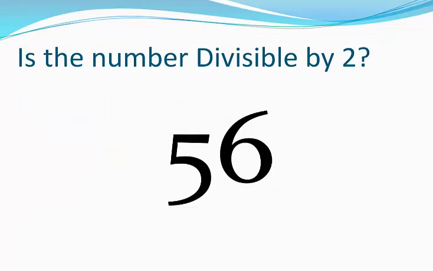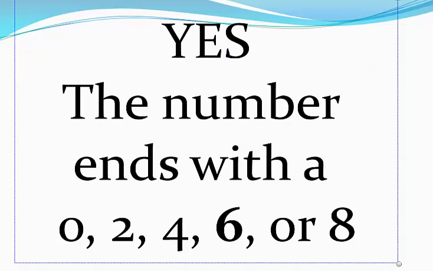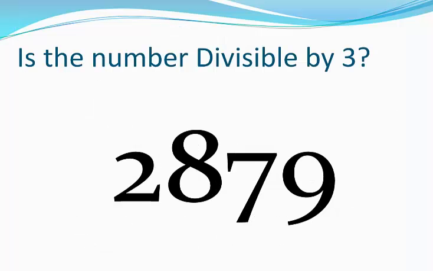So let's look at some examples and try them. Is the number 56 divisible by 2? Well, look at the last digit. It is a 6, and that's an even number, so yes, it is divisible by 2. Is the number 2,879 divisible by 3?